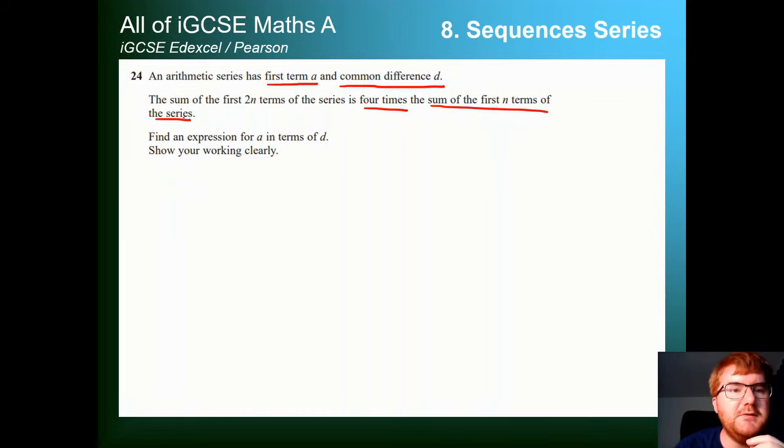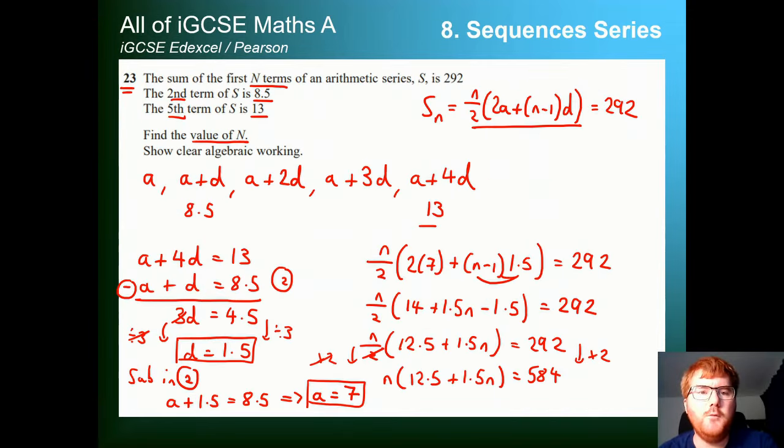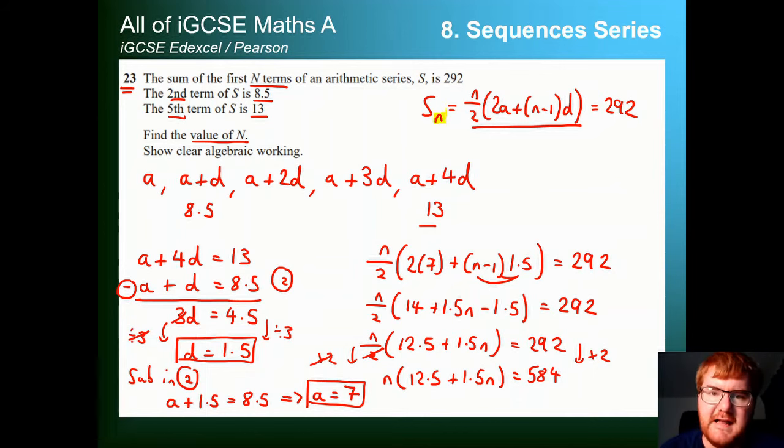And then from that, we need to get a in terms of d. So what we're looking for at the end is a is equal to something plus, I don't know, something d, for example. Okay, so we want the sum of the first 2n terms of the series. So if we go back to our formula, imagine that I just replace n here, and n here with a 2n, and keep everything else the same.